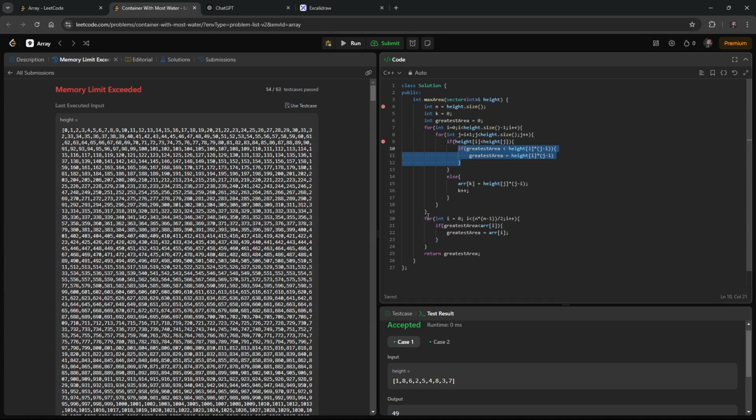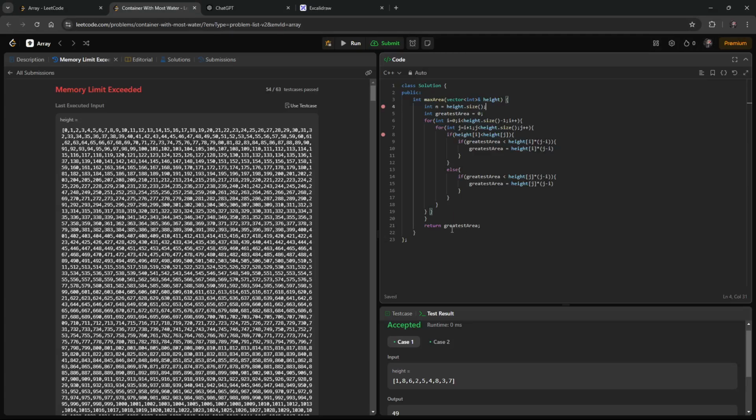I am saving the time for the computer to execute this loop, and I am also saving the consumption of unnecessary memory. I don't need this array, and I will simply return this. This shouldn't be here.